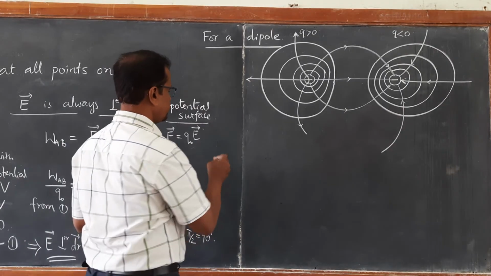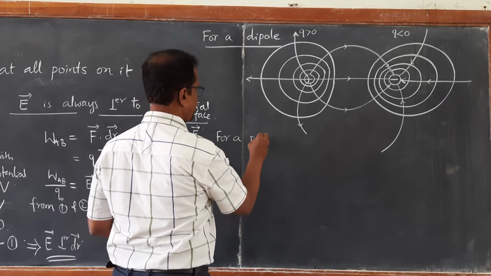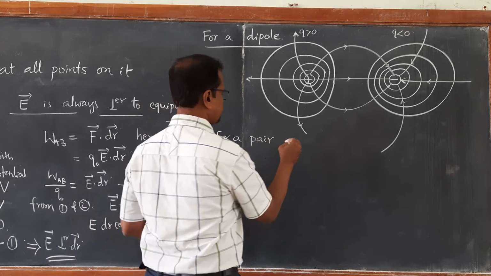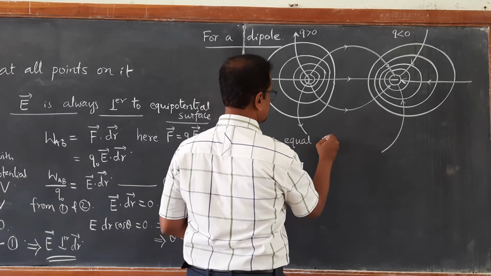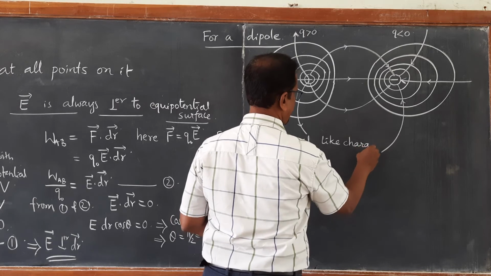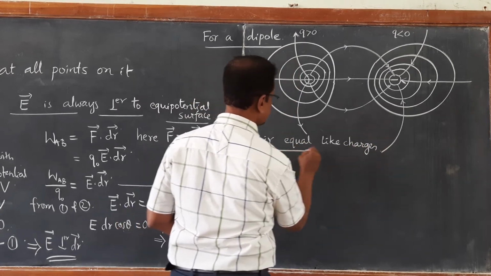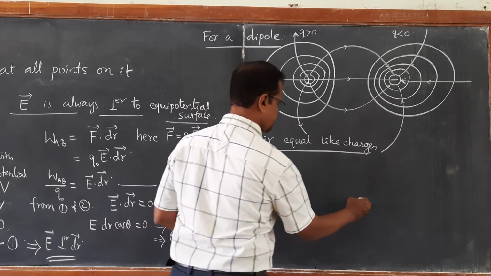In the same way, for a pair of equal like charges, if you draw, you will find a repulsive force between them.